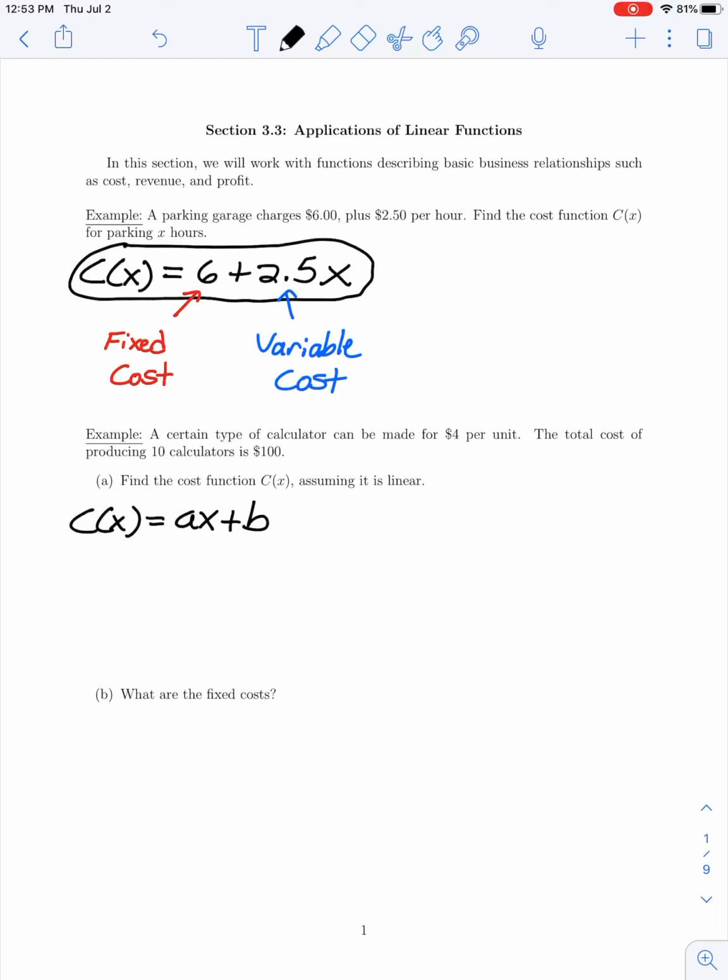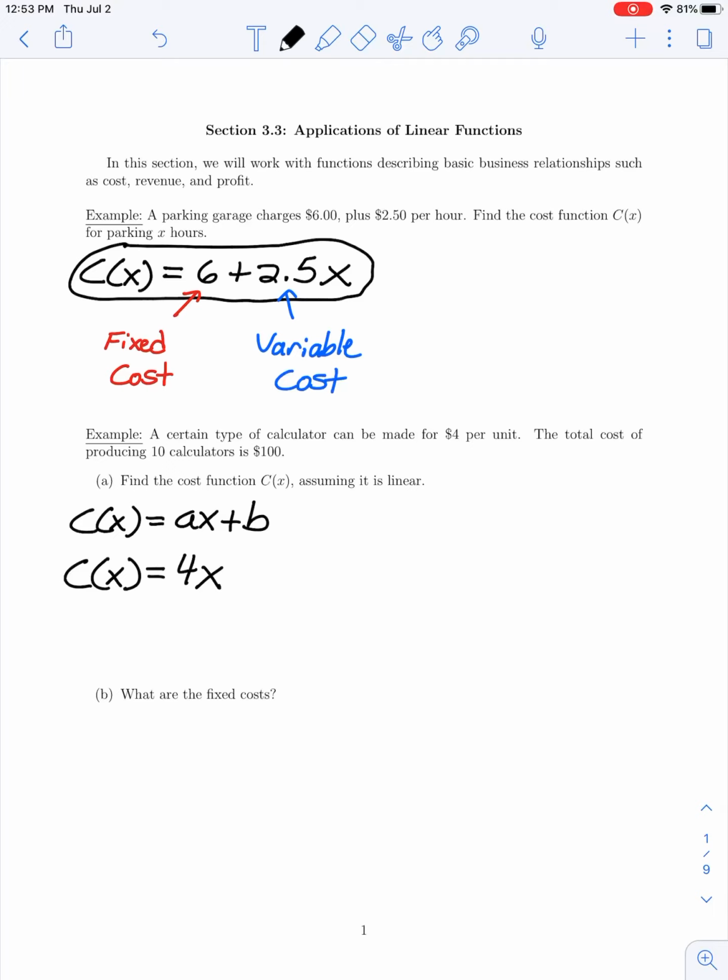Now we're told that this calculator can be produced for $4 per unit. So that is our variable cost, which would be the slope of our line. What is the cost per calculator? So the cost of producing x calculators would be $4 per unit times the number of units produced, x.